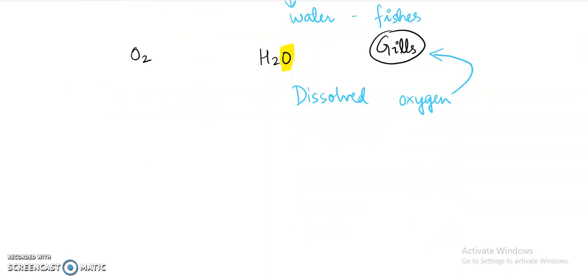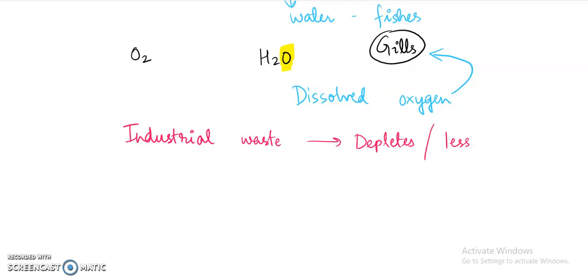That is why it is generally suggested that industries should not discharge their waste in the water. Why should industries not discharge their waste? Because industrial waste depletes or lessens the DO content of the water.